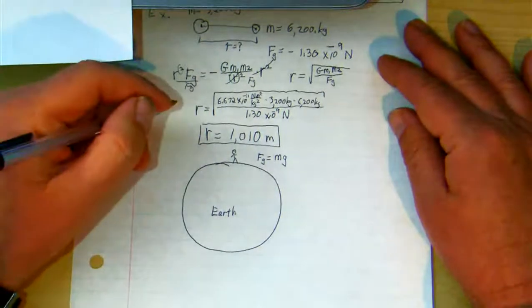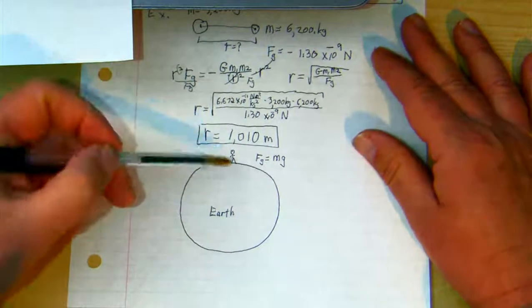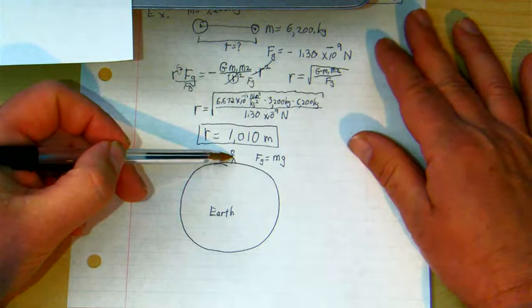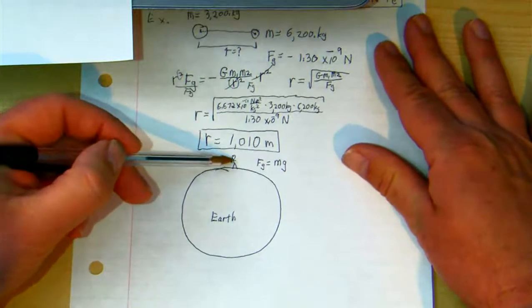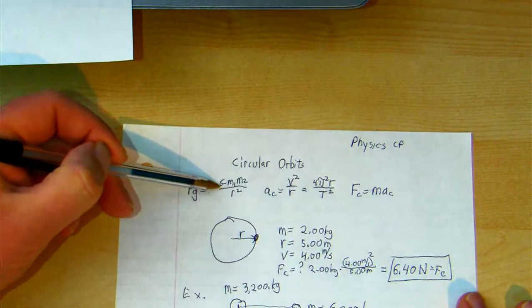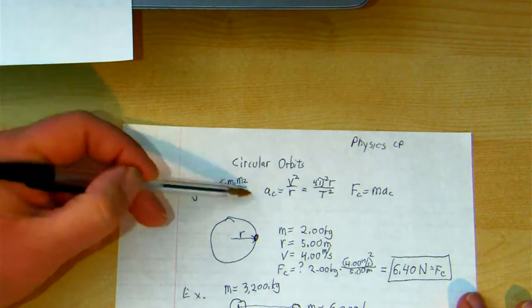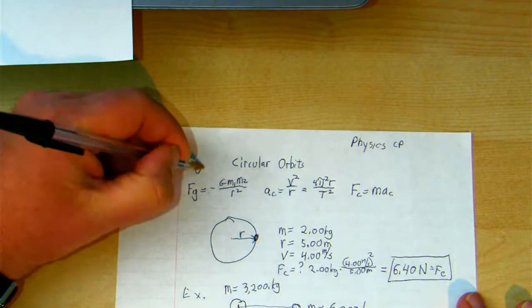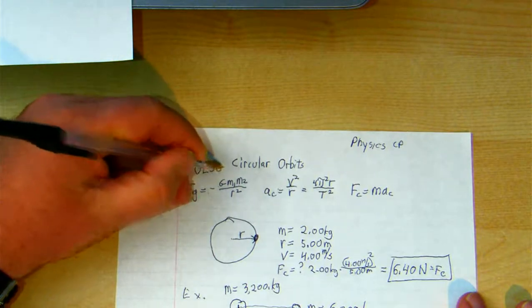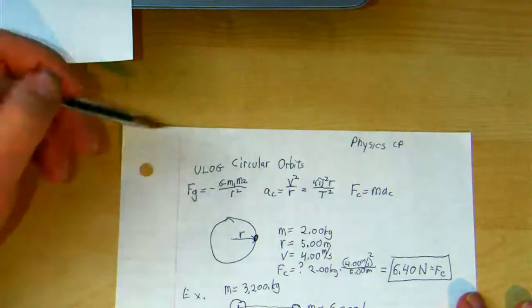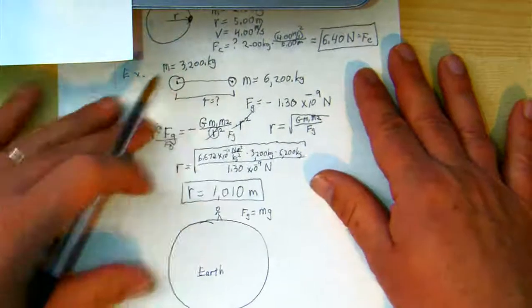But wait, I say, it is also the force of gravitational attraction between you and the Earth. That means it can be calculated using this formula, Newton's universal law of gravitation, abbreviated U-log on the internet.